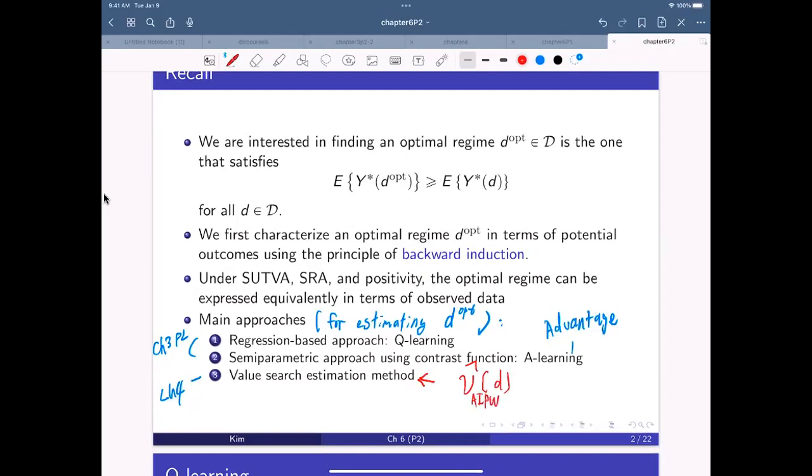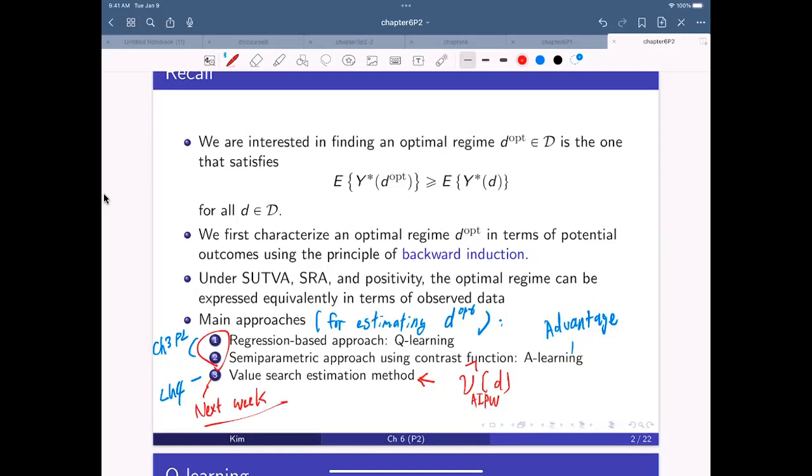That actually applies to value search. Okay. So this is today's coverage. I plan to cover these two, and next Tuesday, next week, I'll briefly summarize the method for the value search.